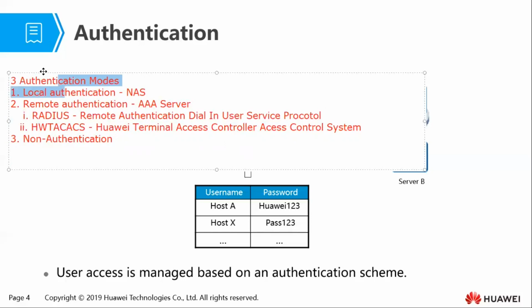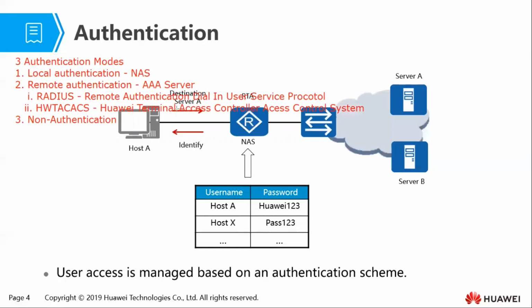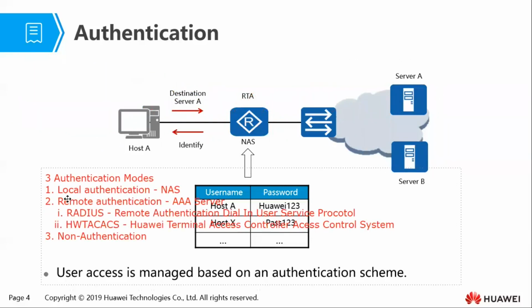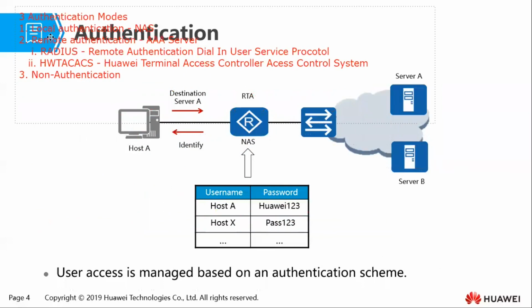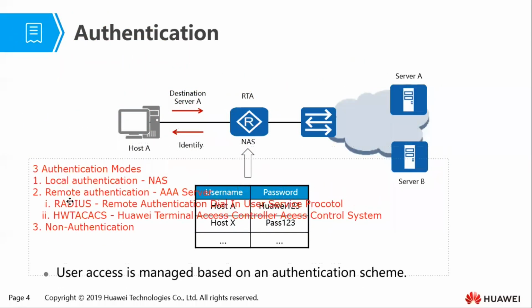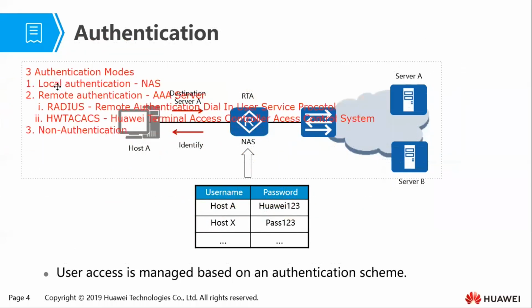So that is all you need to know in the meantime about authentication schemes. Anytime you're configuring more than one, make sure that the very last one you configure is non-authentication. Because if you configure non-authentication first, people will be able to simply access network resources without being authenticated.